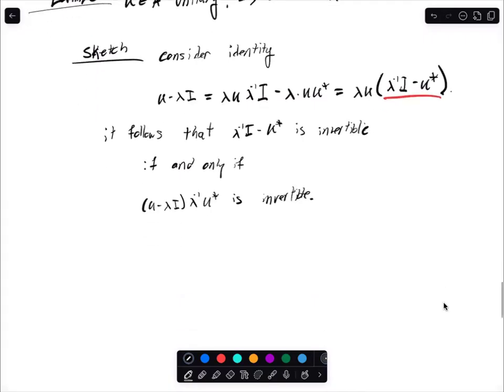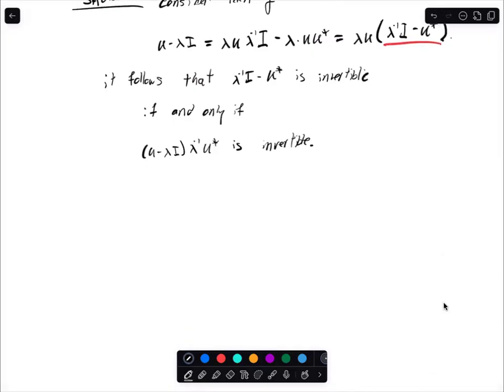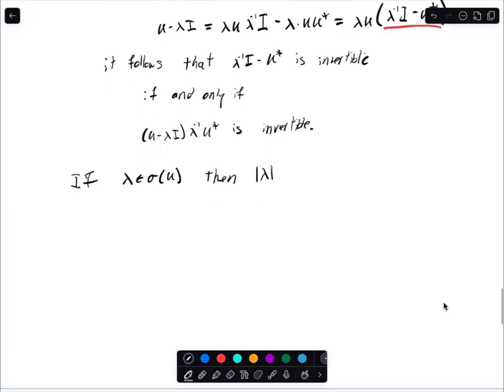Remembering some things from the prerequisite notes, just as an operator in a Banach algebra, if we're in the spectrum of an operator, then the magnitude of that element of the spectrum is bounded by the norm of the operator.